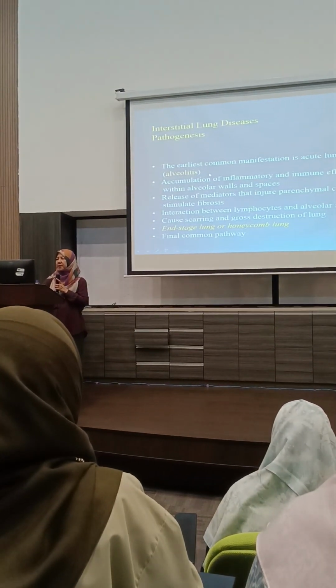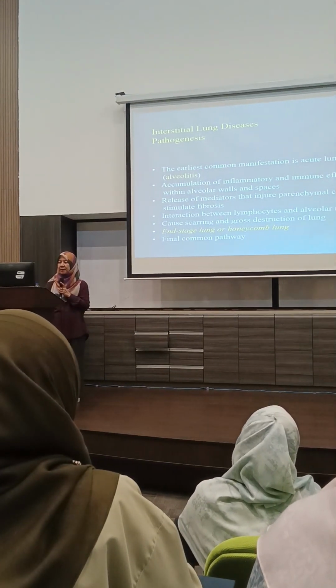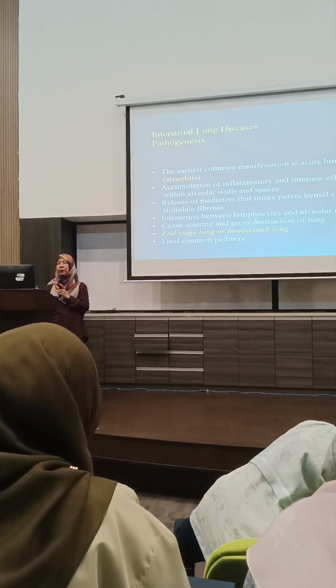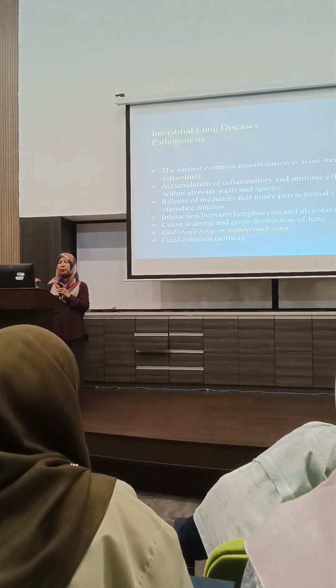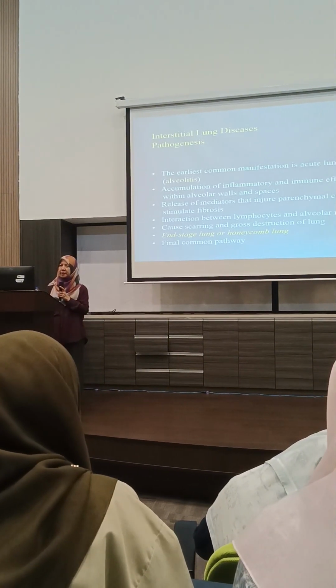The first manifestation will be inflammation, alveolitis. You've learned about inflammation. That's the whole reason for learning one whole topic on inflammation. Now you're applying it to the respiratory system.